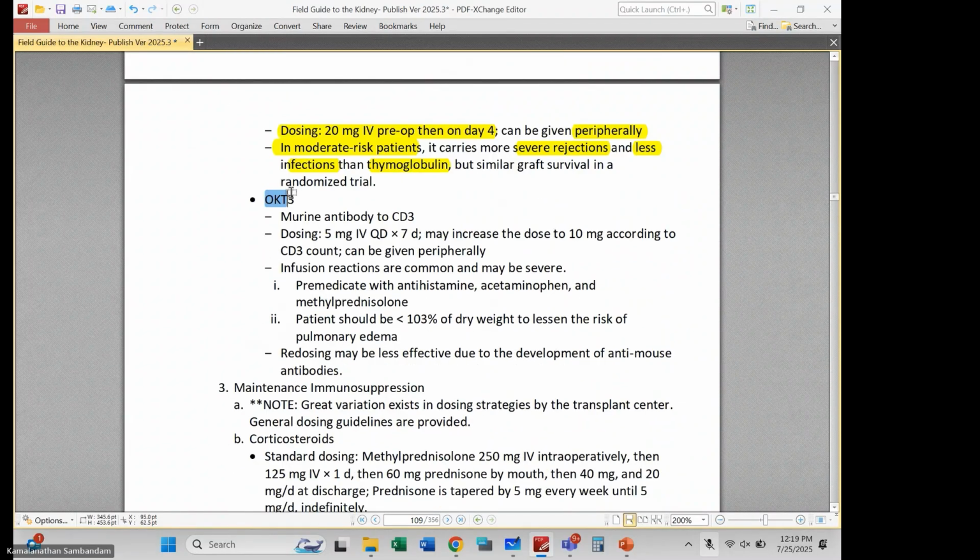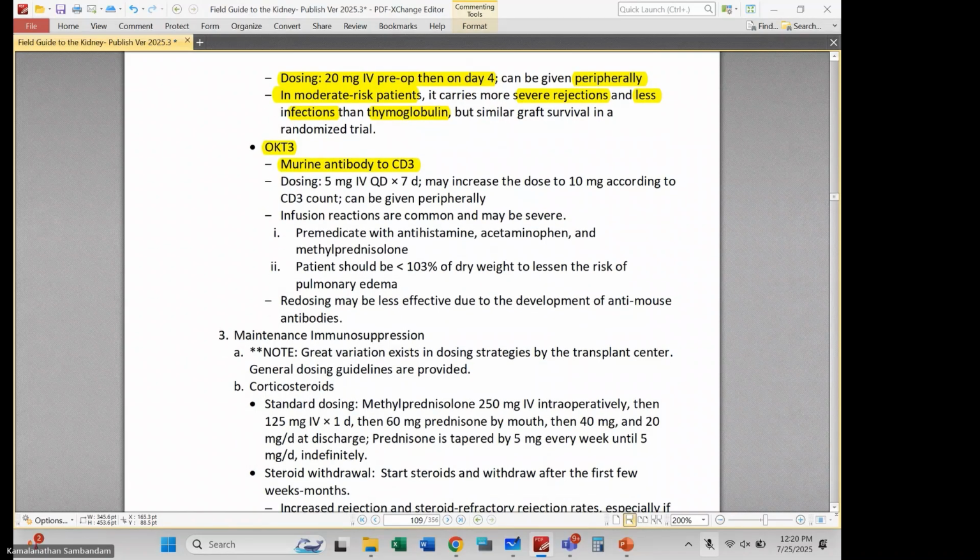We don't use OKT3 much at all anymore, but it is of historical relevance. It was one of your earliest lymphocyte depleting agents, monoclonal antibody to anti-CD3. You may recall CD3 is a T cell surface antigen, and so you would expect to see T cell depletion with this drug. It was a pretty tough drug to give.